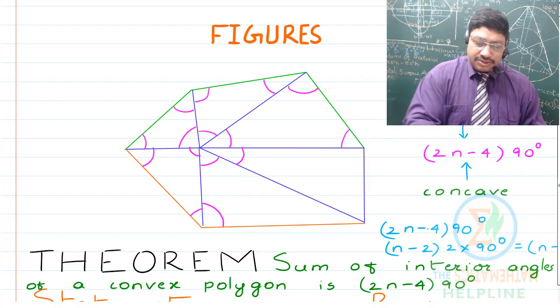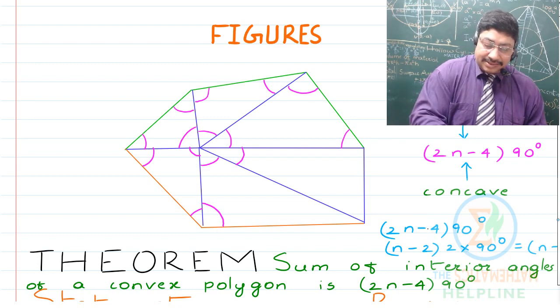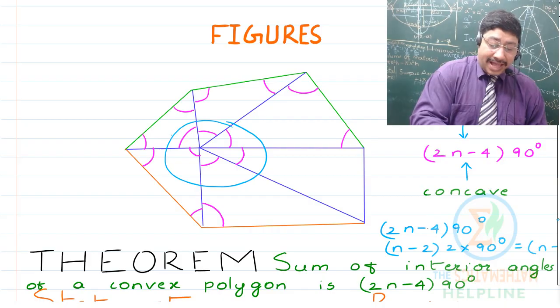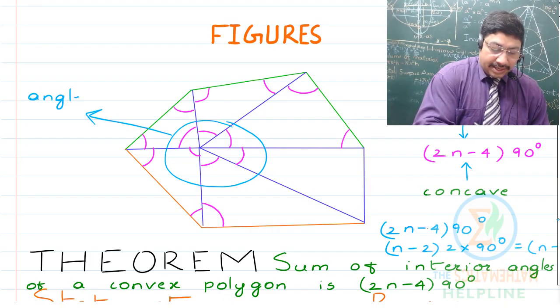So if you just talk about these angles, right? These angles are the ones which can be said to be the angles about a point. So here I will say angle about a point.